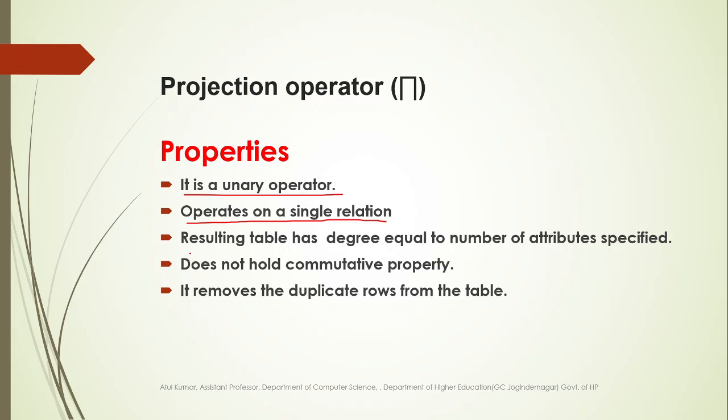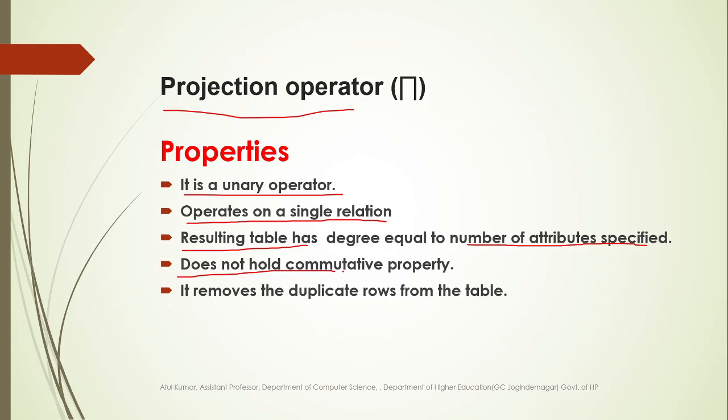The second important property is the resulting table has a degree equal to the number of attributes specified. Suppose if we specify two attributes, the degree is 2. If we specify 3 attributes in a projection operator, the degree is 3.